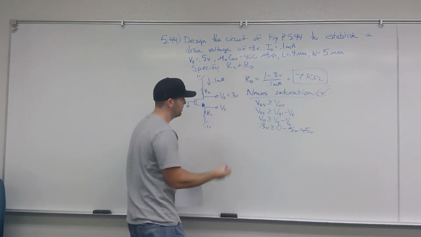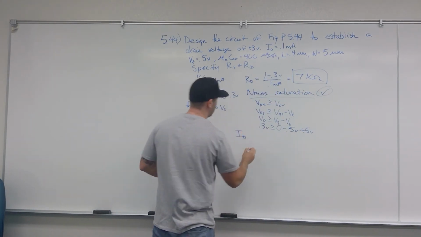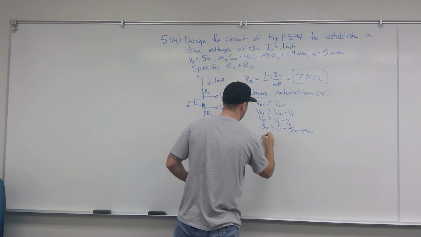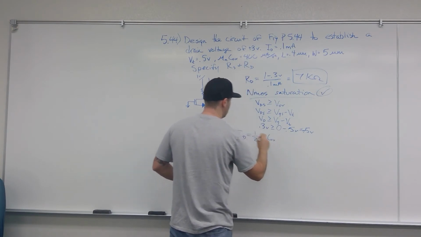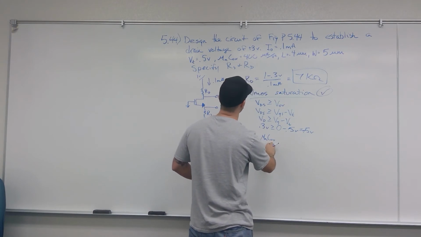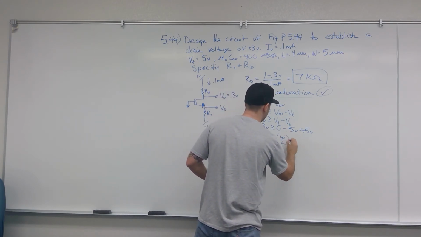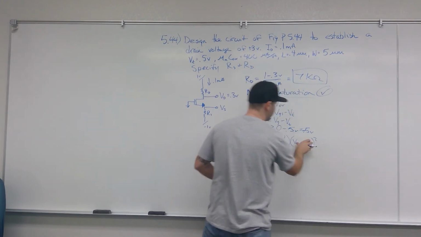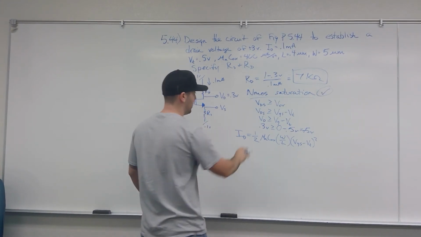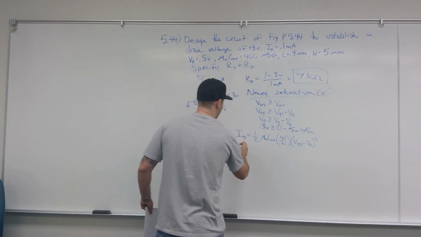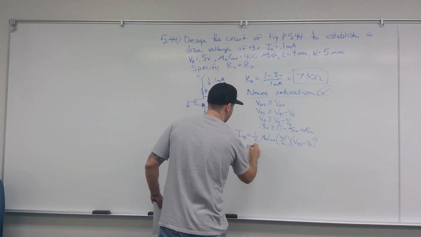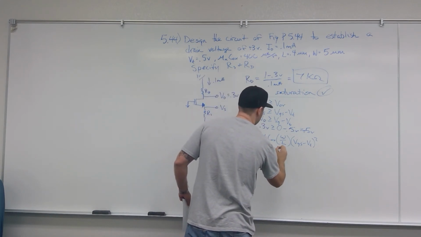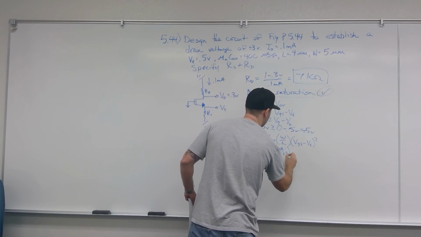So now we know our saturation equation for NMOS is 1/2 Kn prime W over L times VGS minus VT, or the overdrive voltage, squared. So now we can go ahead and start plugging these numbers in. 0.1 milliamp equals 1/2 times 400 microamps per volt squared.